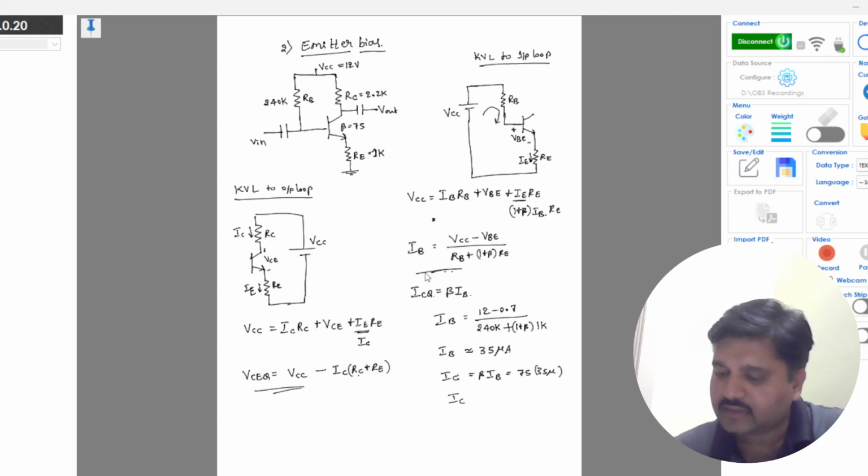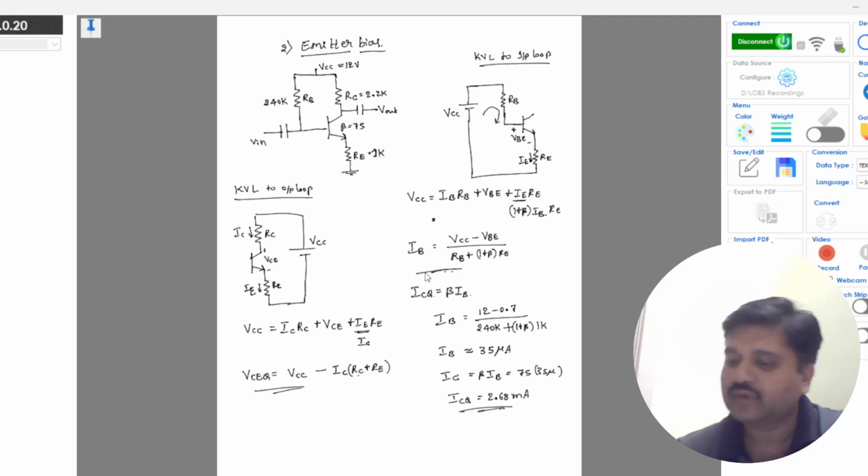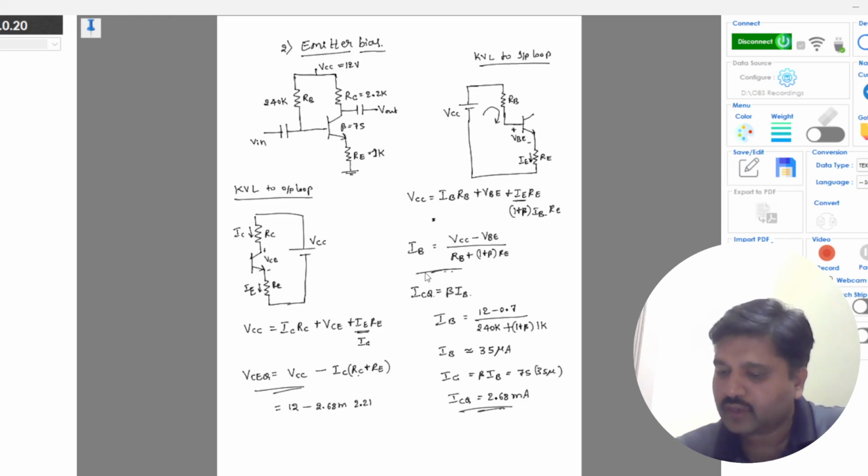You will get ICQ as 2.68 milliamps. Similarly, for VCEQ, you will get 12 minus 2.68 milli into 2.2K plus 1K. You will get 3.5 volt VCEQ.